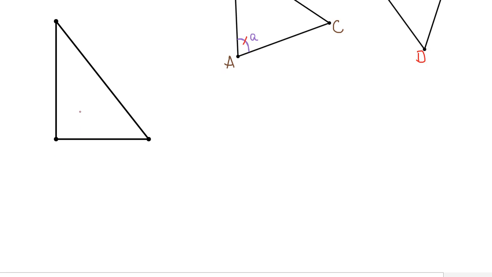The number 5 test will only apply when we have a right triangle. So I am going to declare that this is a right triangle. What we can find is that we have the hypotenuse leg, or side.